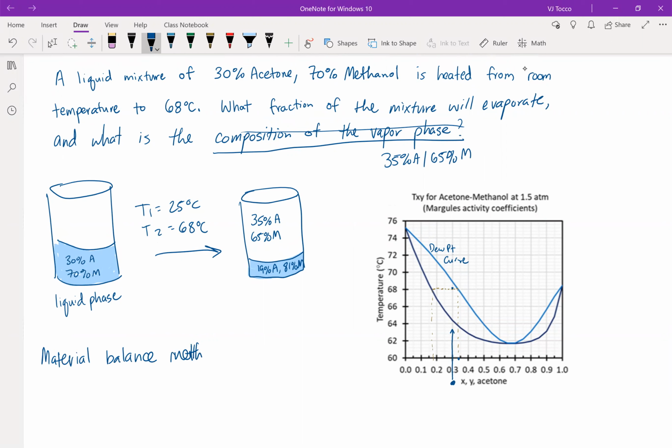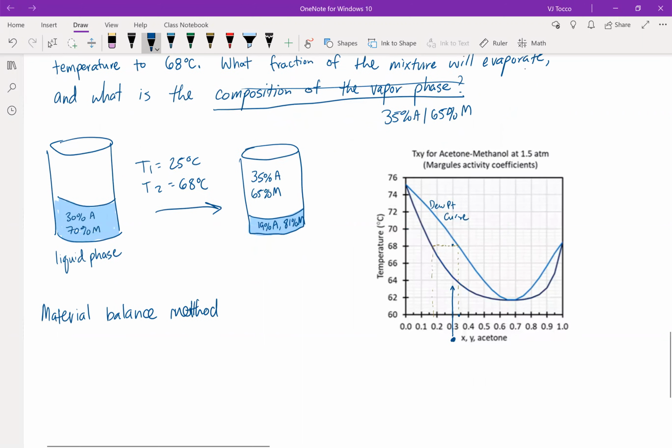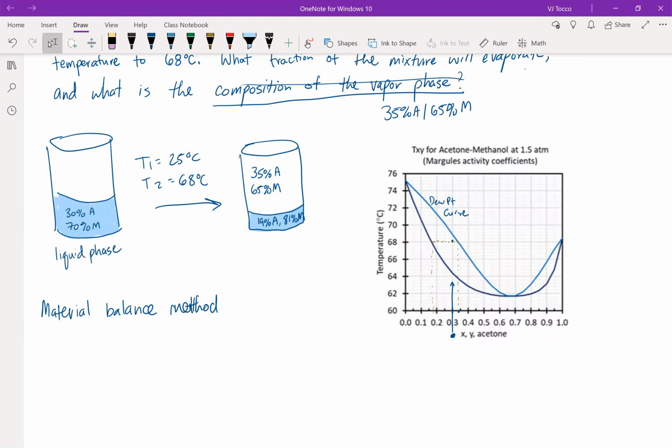I could say that because this is a closed system, my number of moles initial has to be equal to my number of moles final. So for my material balance method, I have a better notation for this in separations, but I'll call this moles in the liquid initial, moles in the liquid final, moles in the vapor final.